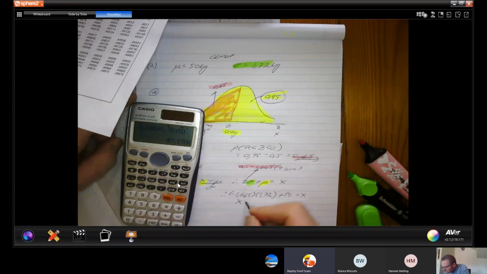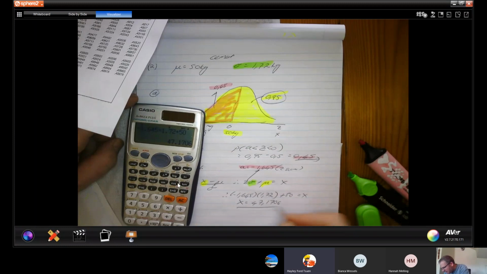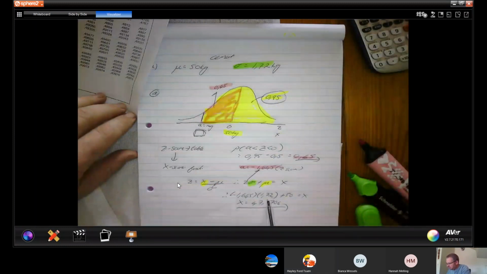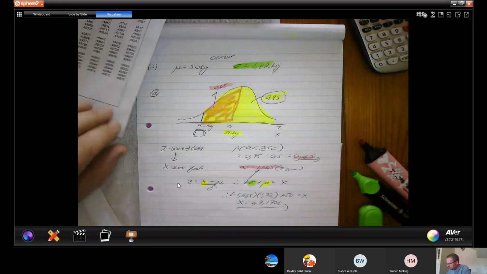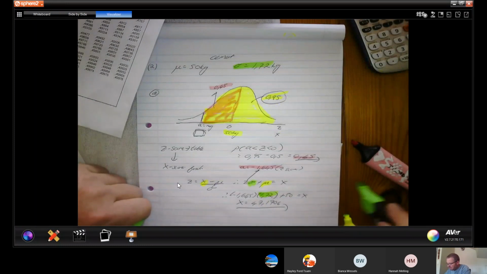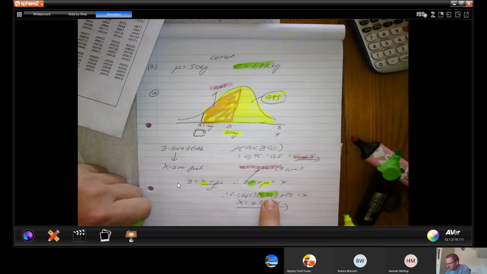I got 47.1706. Me too. Okay, so Z was negative 1.645, sigma was 1.72, that was your standard deviation, and 50 was your mean. Multiply those all together and you get 47.1706. What does that mean?